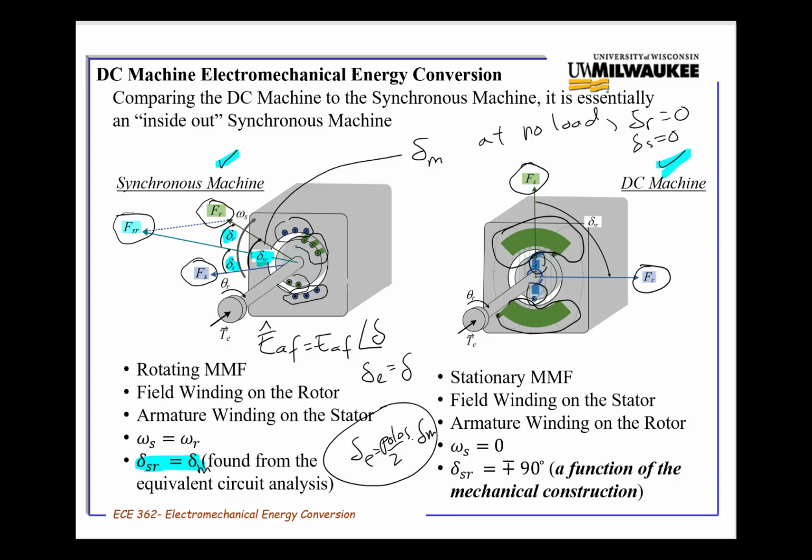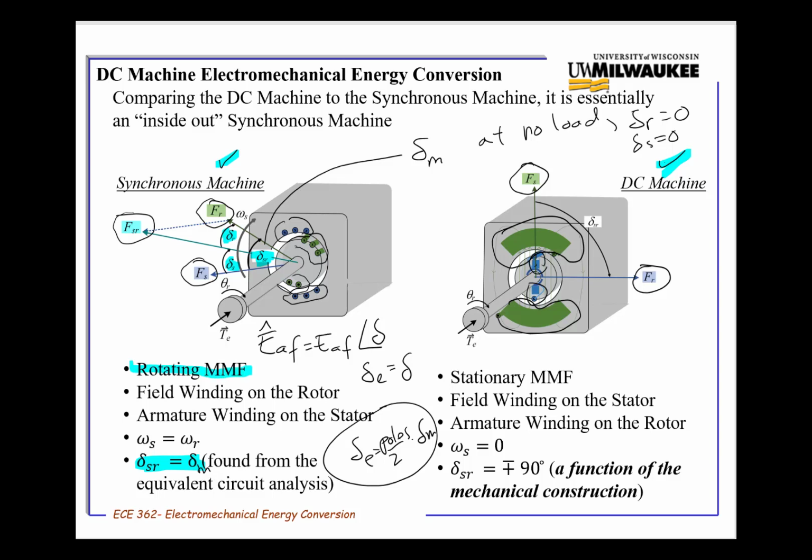These commutators act in a manner to switch the polarity of the current as this thing is turning. As a result, it fixes these MMFs and the associated fields in space. They don't move. So here's the key thing, and this will be on the final exam.